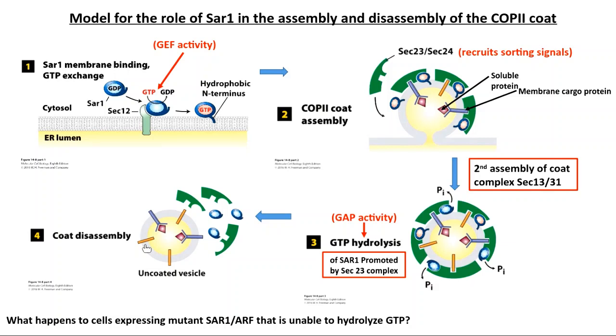Now what happens to cells expressing mutant SAR1 or ARF that is unable to hydrolyze GTP? So for example, if the Sec23 is unable to hydrolyze this GTP here, what is going to happen? Think.